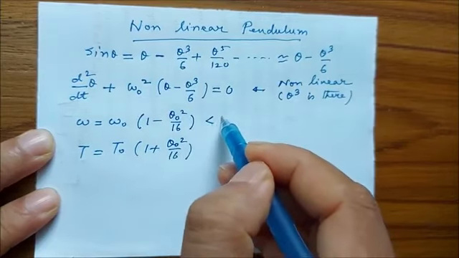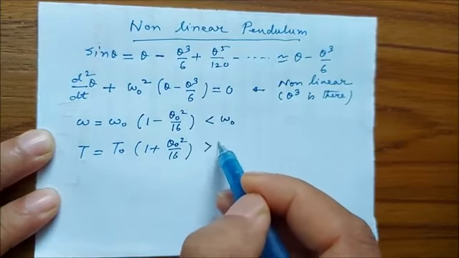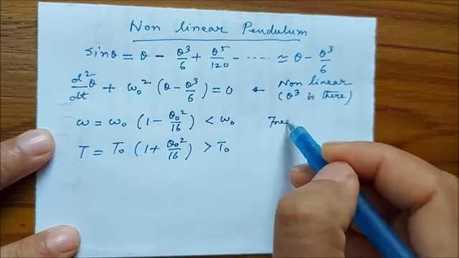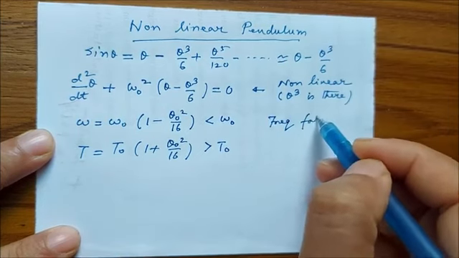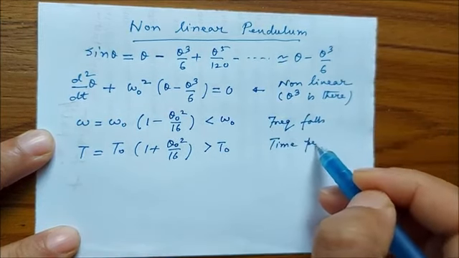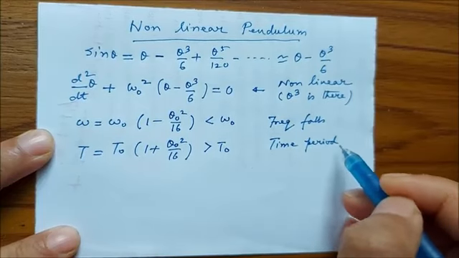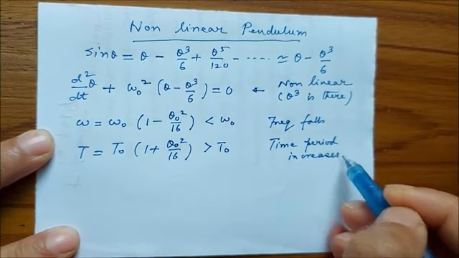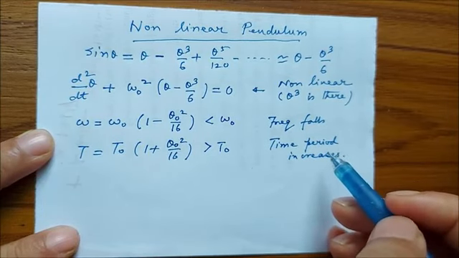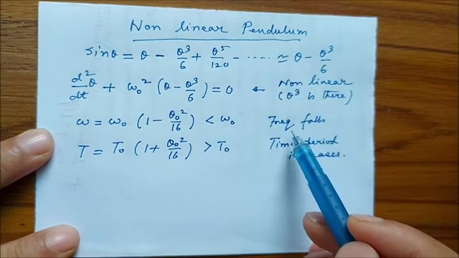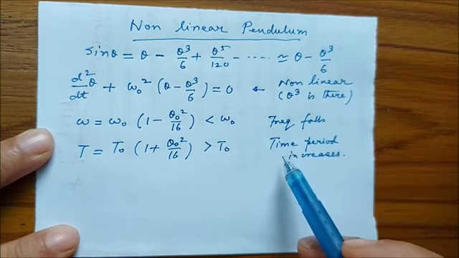Clearly frequency decreases and time period increases due to non-linearity. So the effects of non-linearity on the pendulum is to decrease frequency, increase time period.